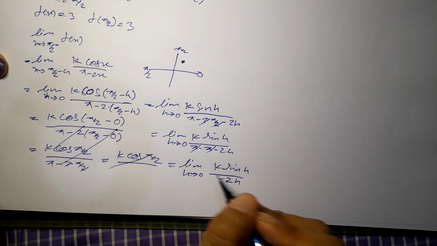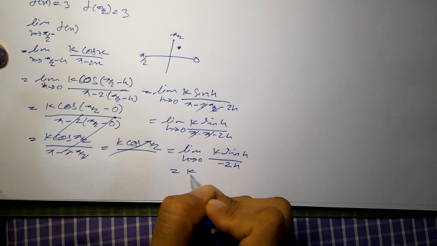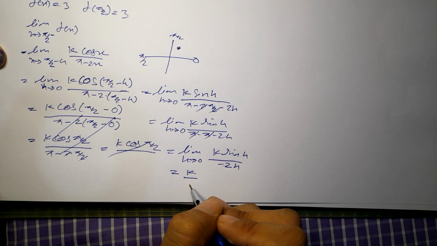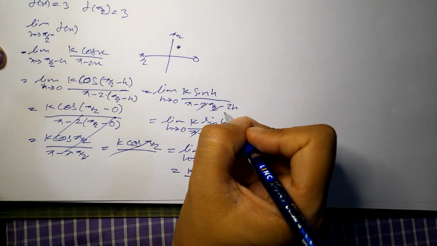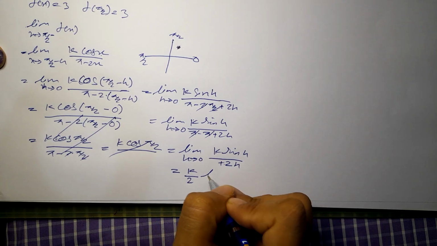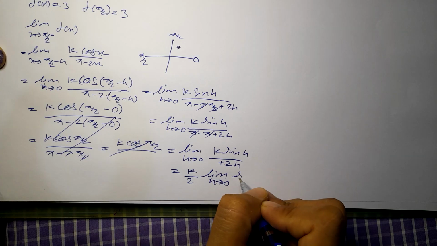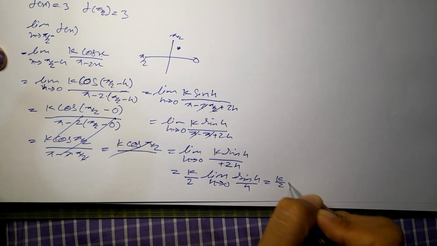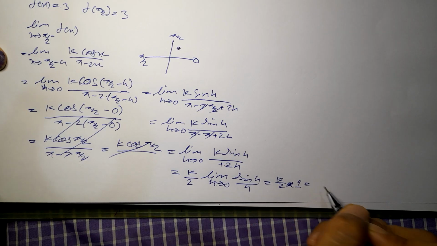Take the k by minus 2 in front, because they are constant. Wait, this minus and this minus, minus became plus. There is no minus, this is a plus. So it will be k by 2 limit h tends to 0 sine h divided by h. This total is 1, so k by 2 into 1 is k by 2.